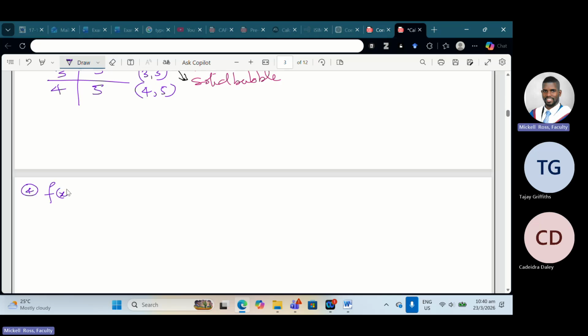So if, for instance, we have f of x is equal to negative 9x when x is less than or equal to 2, and x squared minus 2x plus 3 when x is greater than 2. We want it at x is equal to 2.